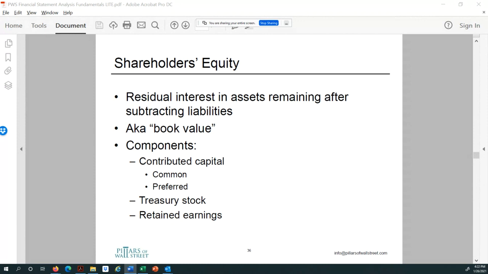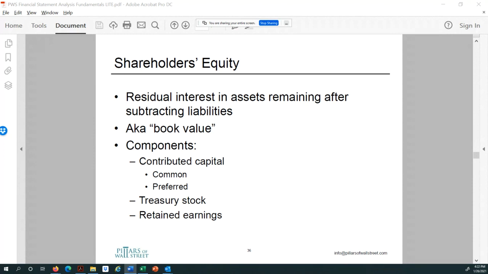Preferred is more of a hybrid between debt and common equity. Preferred shareholders have a preference or priority over common investors. They typically get a fixed dividend. Most companies don't even have preferred stock, so I wouldn't worry too much about it at the moment. If it does, it's just another claim senior to common equity.